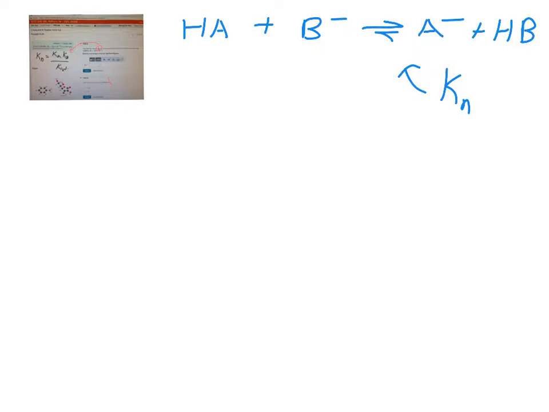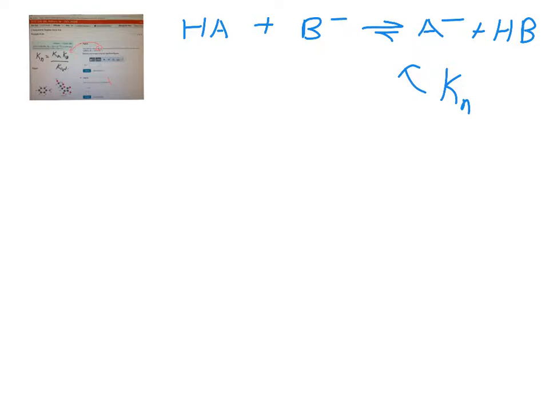To do that, I'm going to use a generic acid, HA, and react it with a generic base, B negative. At the equivalence point, they're going to react and form their conjugate base and acid. That is the reaction to which Kn is the equilibrium constant.